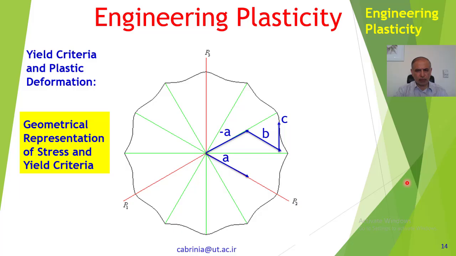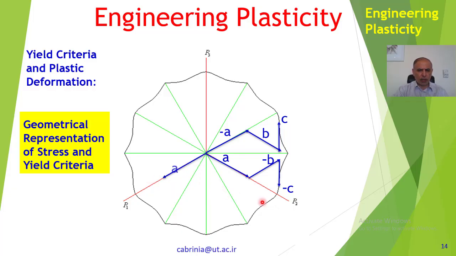As you can see, in the positive direction, P2 magnitude A, in the negative direction, P1 magnitude minus B, and in the negative direction, P3 C. So as you can see, again, we reach this yield surface while we have changed the signs of the loading, okay, and also the directions we have changed, because here B was in the direction of P2, here B is in the direction of P1.